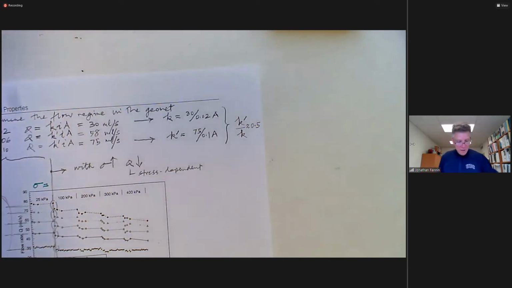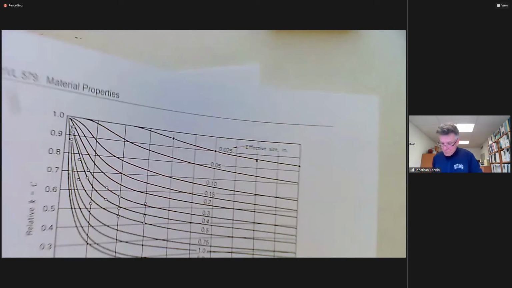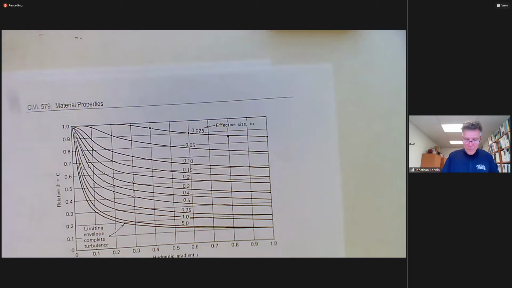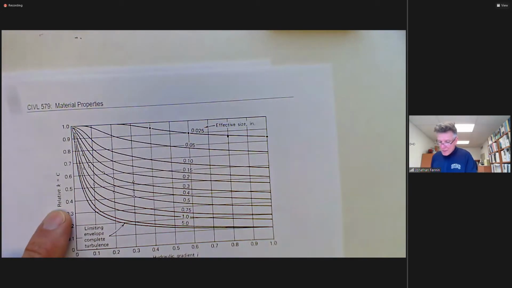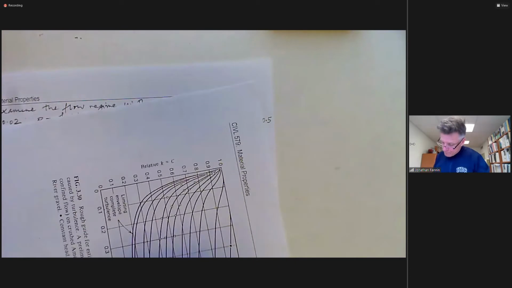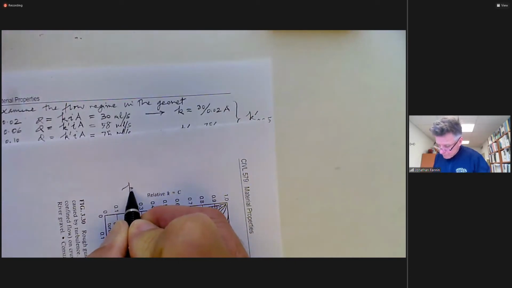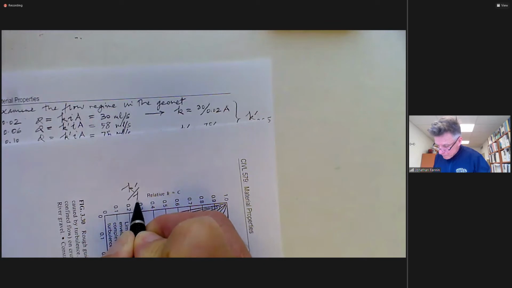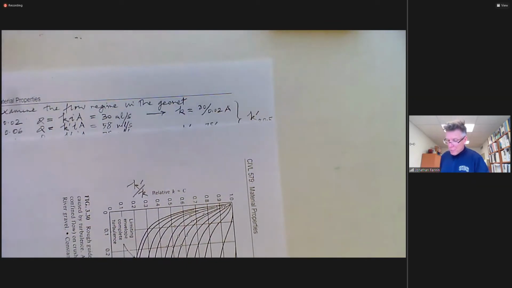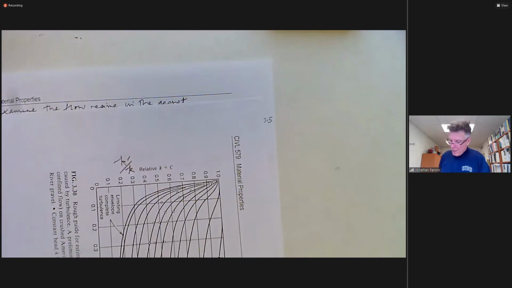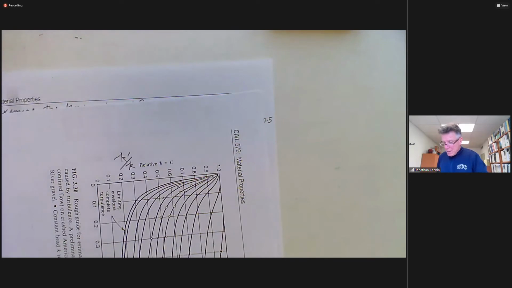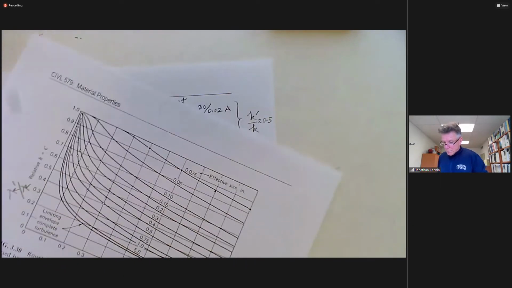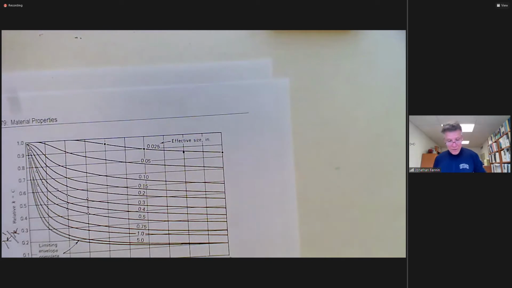But if I take it over the page, then I can look at this relative K. K prime over K is the relative K. In Cedergren's book, he gives it a constant C. And he has data generated for various soils here. Let's take a look at those soils.